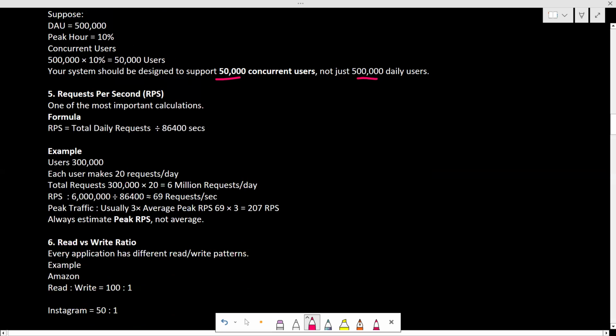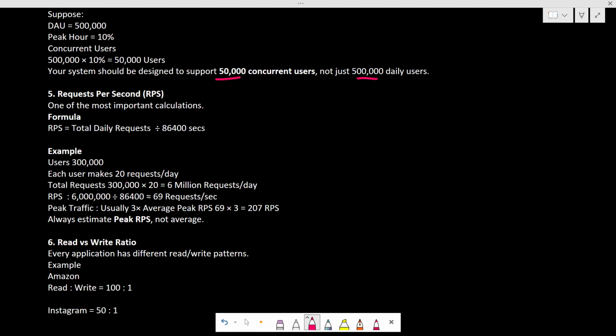Now, requests per second. So we will calculate the requests per second. The formula: the total day is 24 hours. If you calculate it in seconds, 24 multiplied by 3600, you will get the value 86,400.